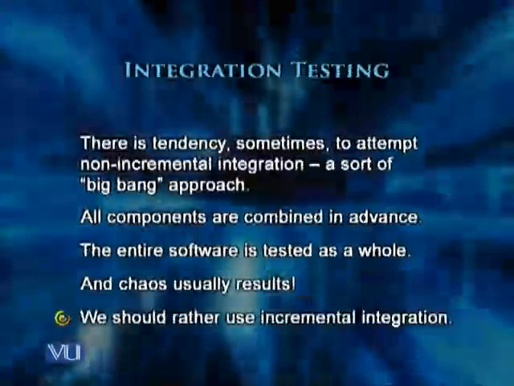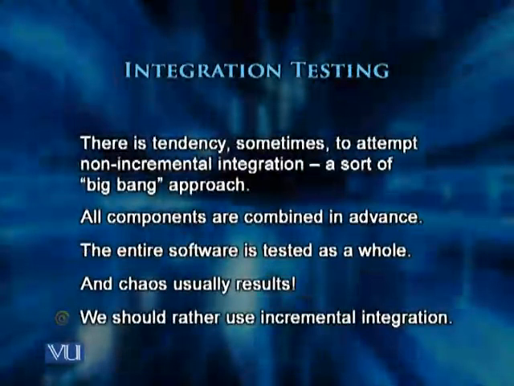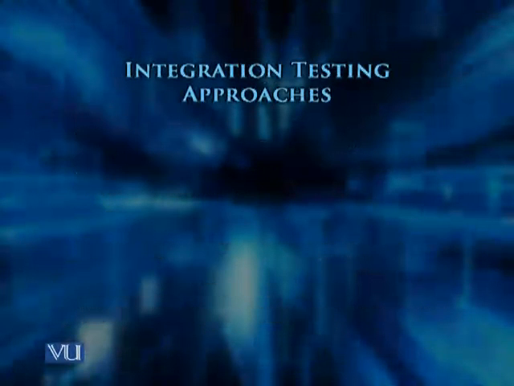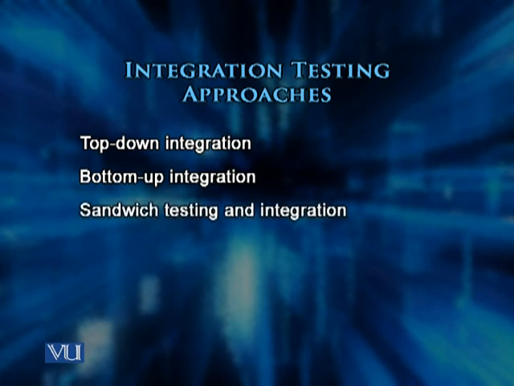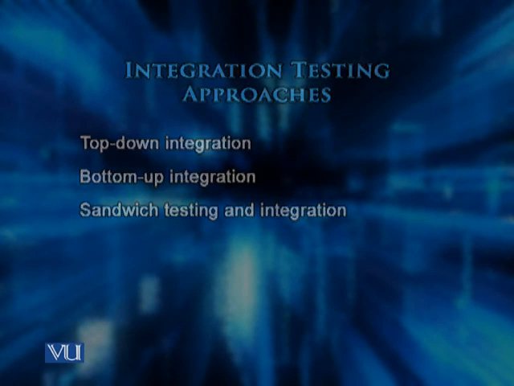So we should rather use incremental integration. Integration testing approaches are typically top-down integration, bottom-up integration, and third is sandwich testing and integration. We will discuss each one of them now.